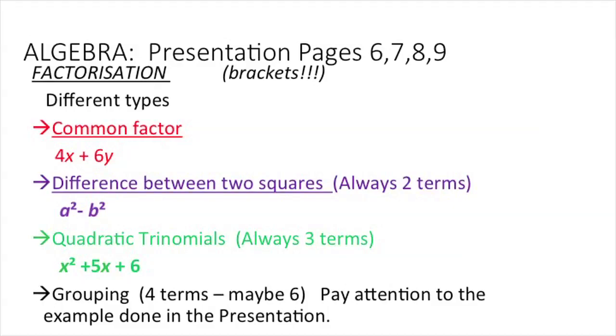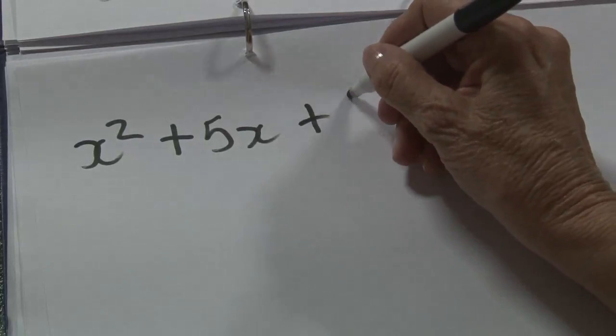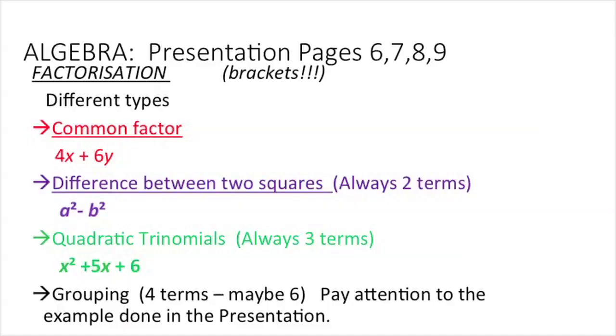Then we come to quadratic trinomials. x squared plus 5x plus 6. Quadratic trinomials, always 3 terms.